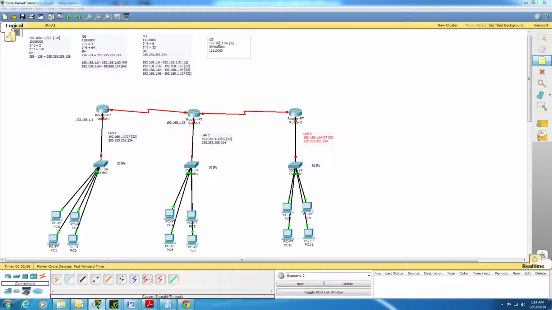So here we go. Let's continue the same format we were doing. 2 to the number of 1s will tell you how many blocks of IP addresses we have.